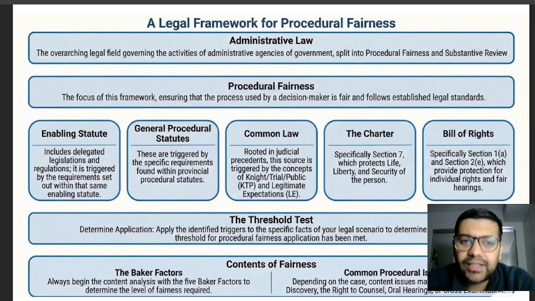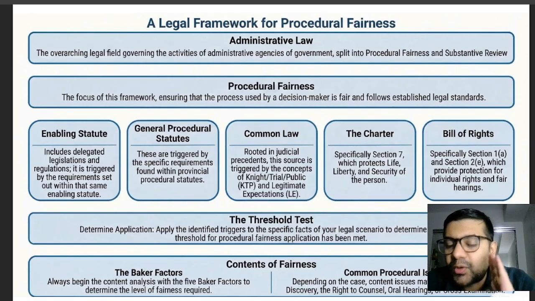So that's where all the analysis part is going to come from. And I'm almost certain if it's a 50 marks question or 25 marks question, that is going to be from the common law. It won't be a 5 marks question, because you're going to talk about the Knight three prong and the Baker five analysis, and the legitimate expectation, and so on and so forth.